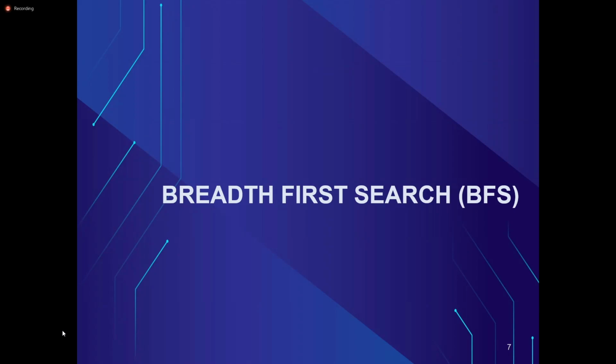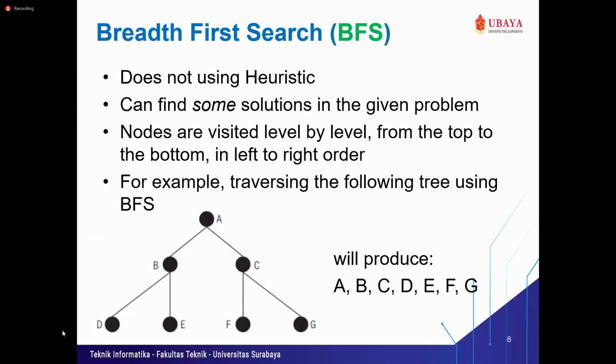Breadth means wide, the width of something. It's called BFS. BFS is the same as DFS in that it does not use heuristics at all. So the algorithm doesn't know where the goal is. It just tries to find the goal with the available information.